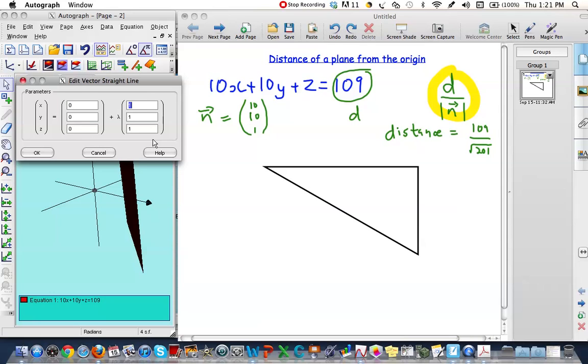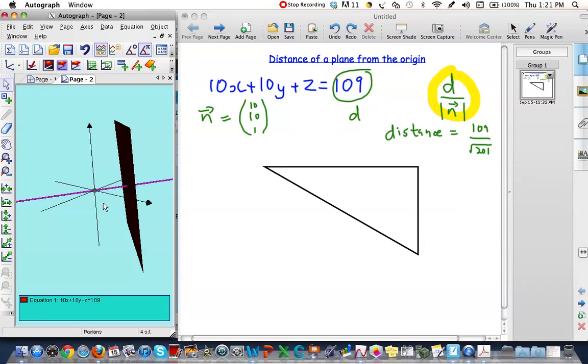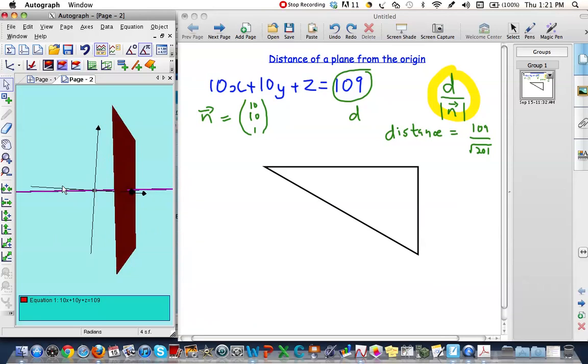In order to ensure that it's perpendicular to the plane, I will simply use the values of the normal for the slope of the line, or the direction vector of the line. And in this particular case, we have the following.